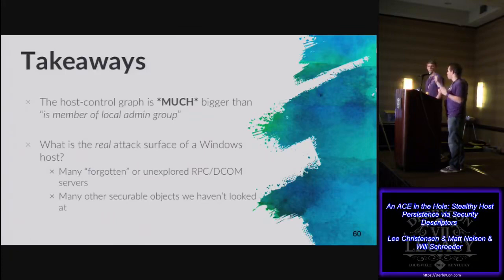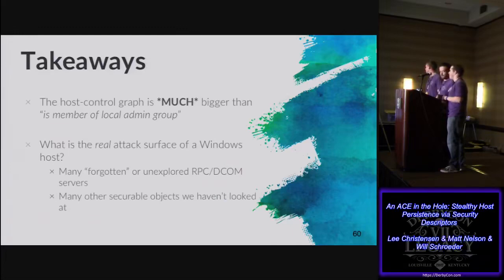Yeah, so some of the takeaways: the host control graph is much bigger than just having local admin to a machine. When you think of BloodHound and that whole pathway to domain admin, it's much more than just local admin. It's do you have control over Service Control Manager? Do you have control over the remote reg? Do you have control over WMI?